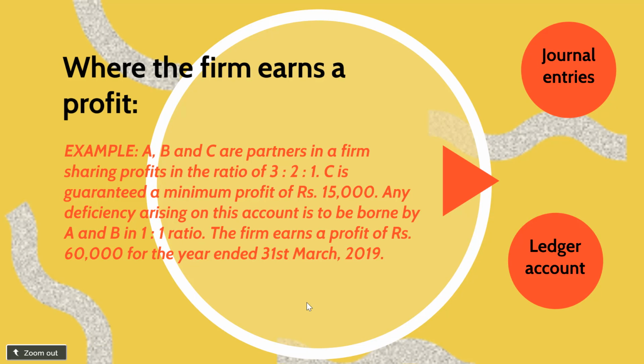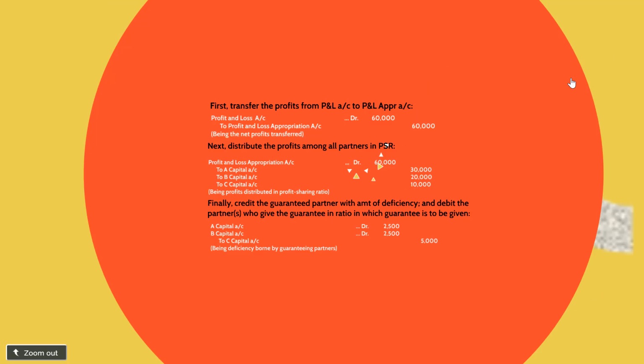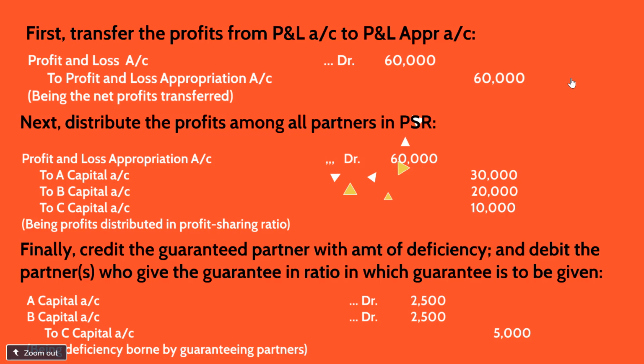Let's check out the journal entries that need to be passed in this case. We need to pass 3 journal entries. The first journal entry will be to transfer the profits from the profit and loss account to the profit and loss appropriation account.